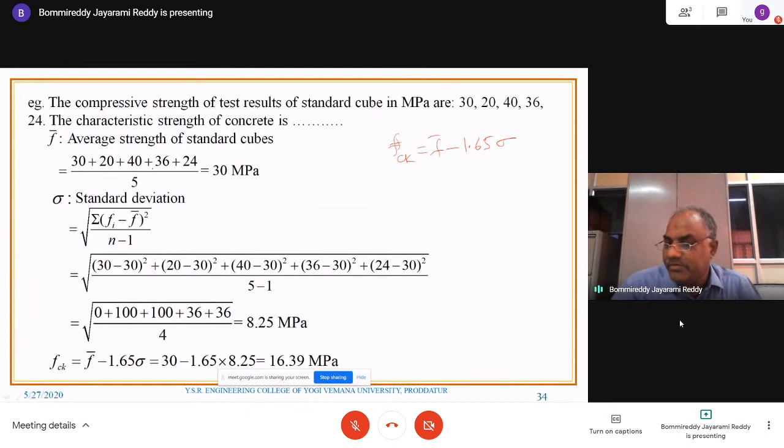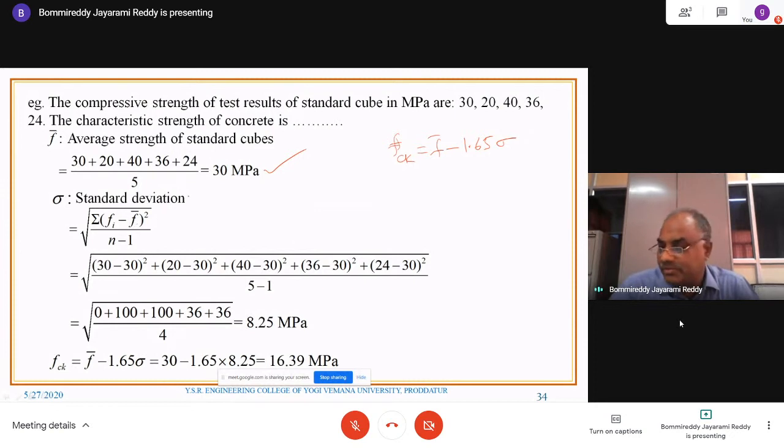So with all these 5 values, you can compute F bar, which is equal to 30 Newton per mm square, the average compressive strength of all the 5. Then compute the standard deviation sigma. The formula is 1 by n minus 1 times the sum of fi minus f bar whole square.